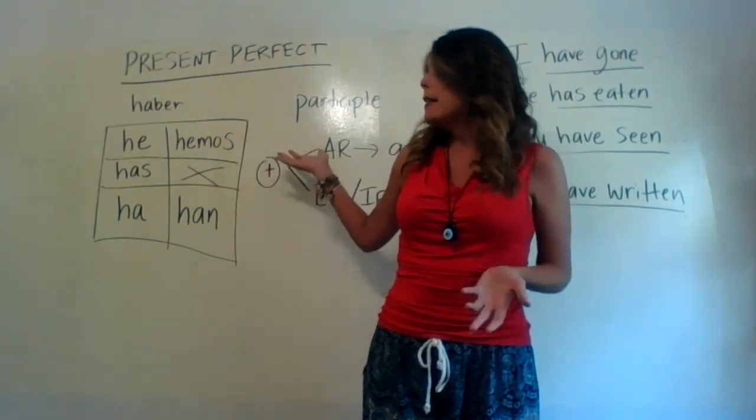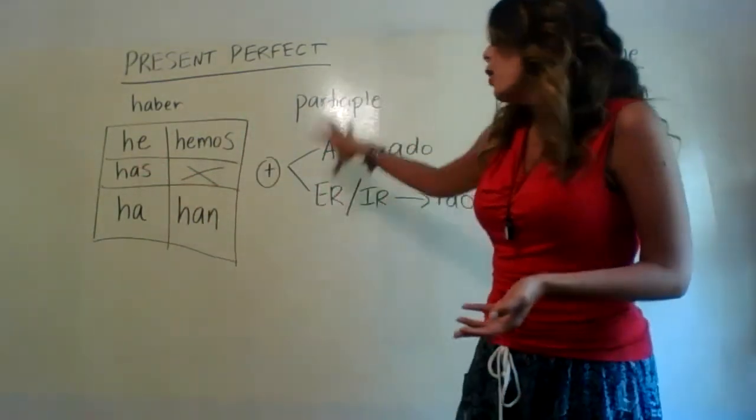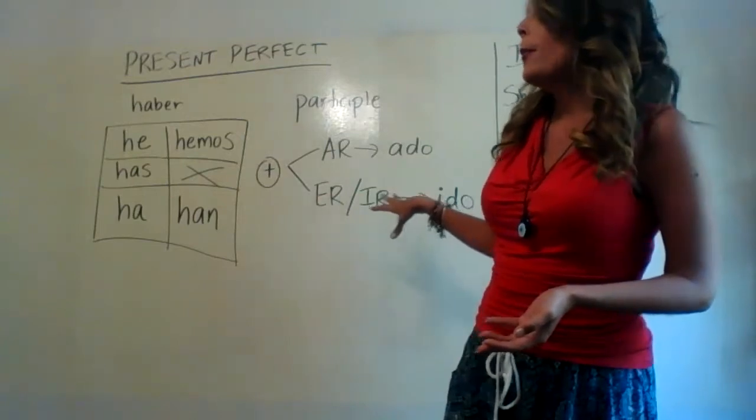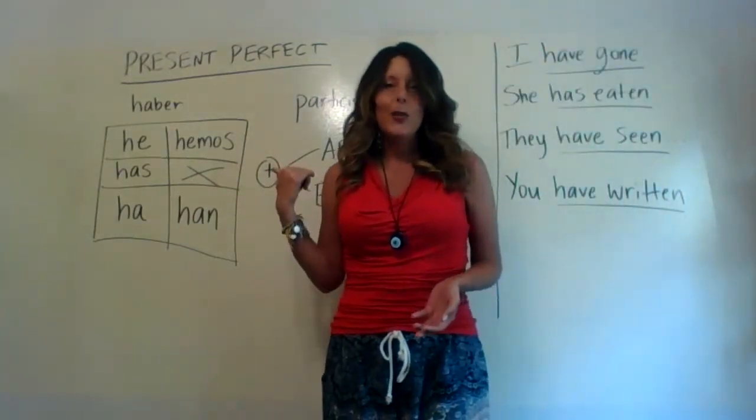And this is how I would do it with this auxiliary verb and then with a participle. So I'm going to pause the video right now and put some examples up on the board for us to practice just a little bit.